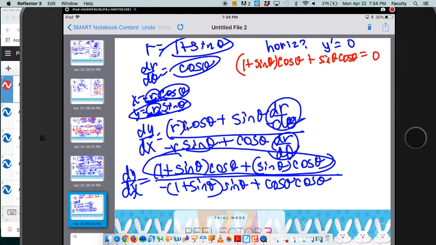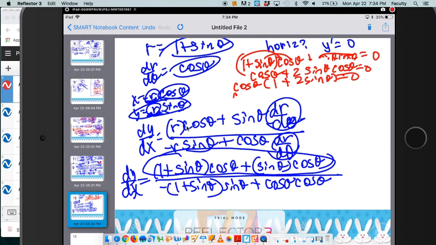So when I distribute, that will give me cosine theta plus sine theta cosine theta, and another 2 sine theta cosine theta equals 0. Factor out a cosine theta, 1 plus 2 sine theta.